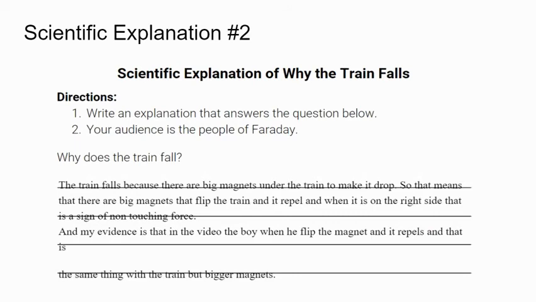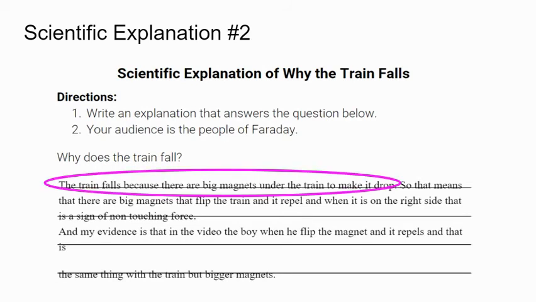All right, let me show you another example. And this is a different answer. So I'm not even talking about whether these answers are right or wrong. I'm just showing examples of good scientific writing. This one says, the train falls because there are big magnets under the train to make it drop. So that means that there are big magnets that flip the train and it repels. And when it is on the right side, that is a sign of non-touching force. My evidence is that in the video, the boy, when he flips the magnet and it repels, that's the same thing with the train, but bigger magnets.